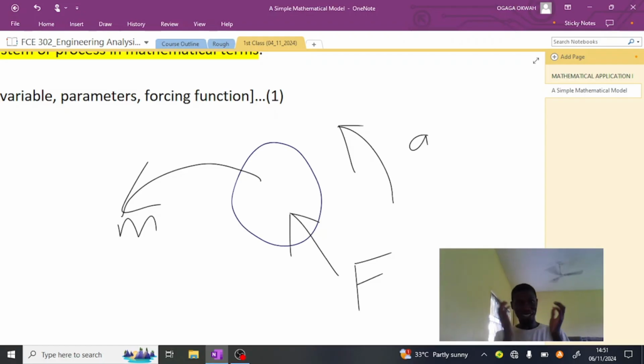So acceleration is a dependent variable, mass is a parameter, force here is the forcing function, and of course the independent variable is time. All this has to take place within a given period of time. But in this formula that was given in class, we don't have anything to do with time.